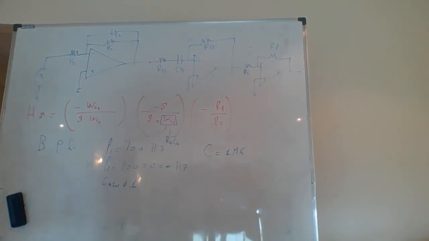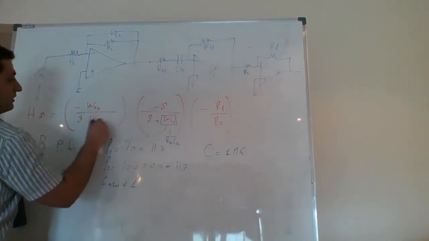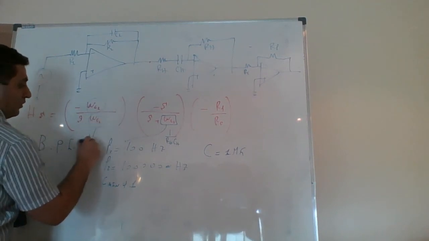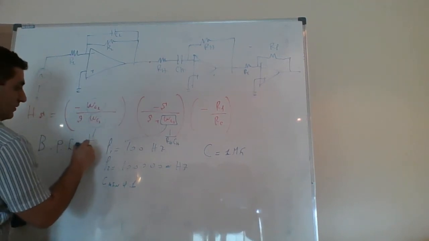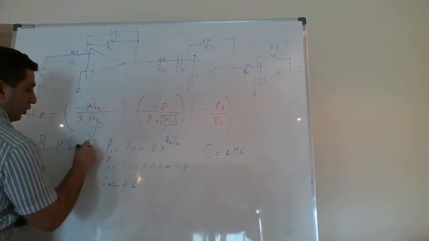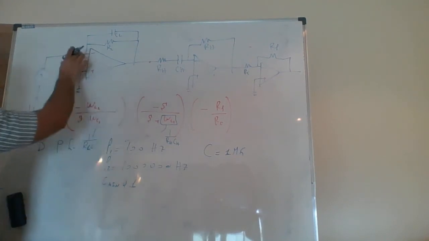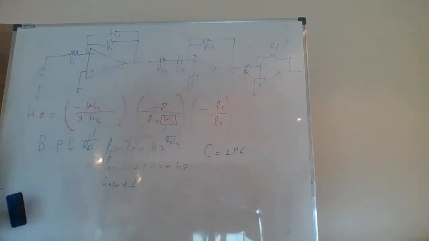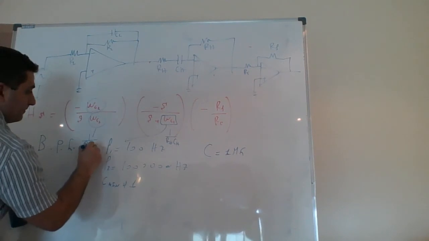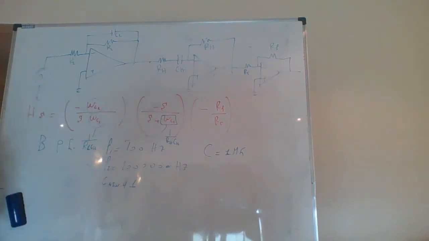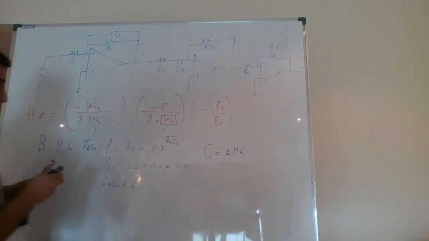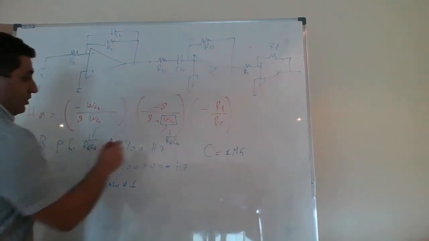The second one is 1 over R low C low, because now I call them R low and R high. So this provides me this 100 Hertz.